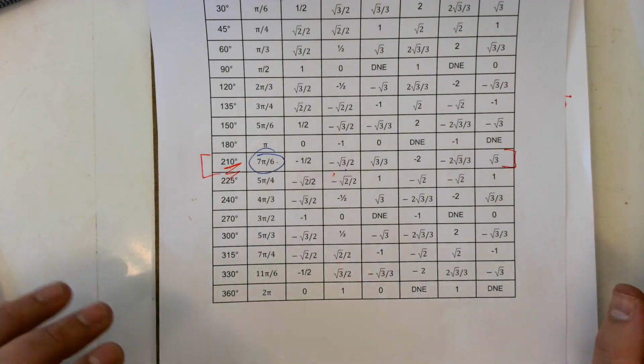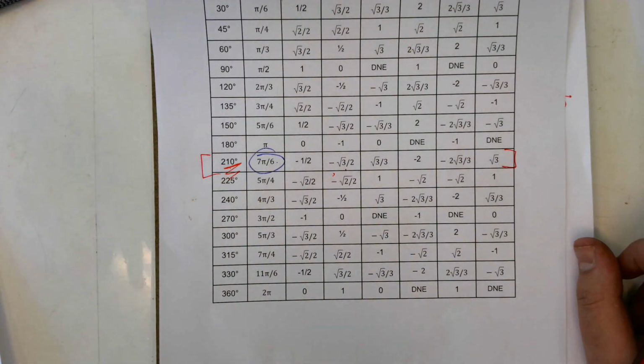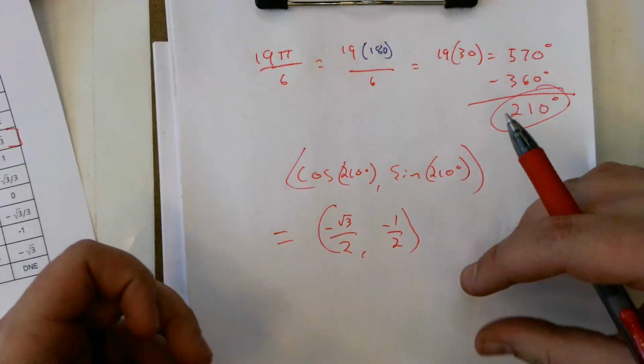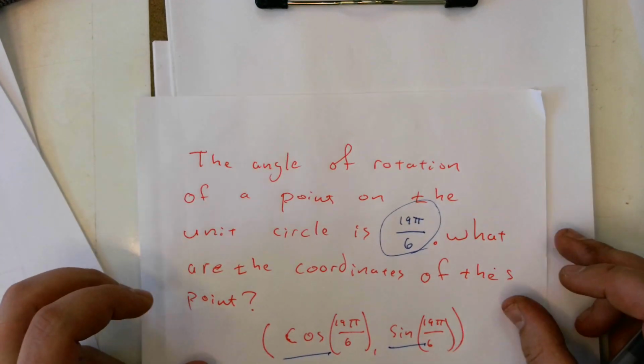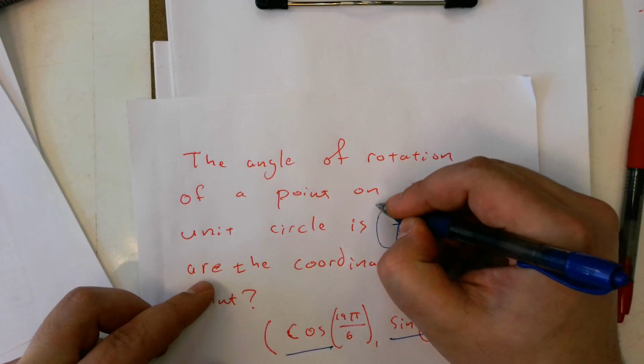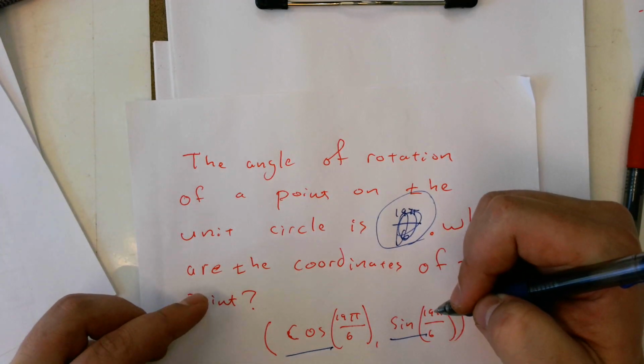Now, before I wrap up, should I do one more, but I show it with the negative? Yeah, I should. You're right, children. I'm not going to rewrite the whole problem, though, so I'm just going to scratch out 19 pi over 6, and I'm going to say, what's a good negative angle?